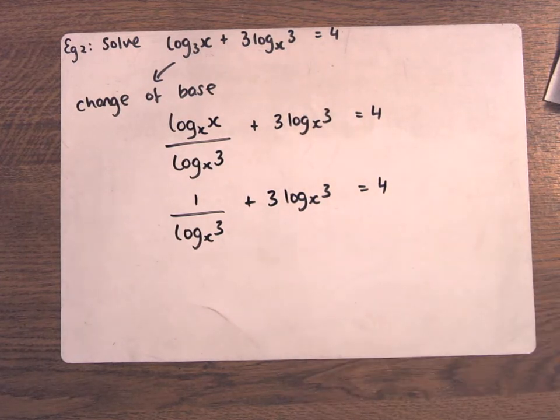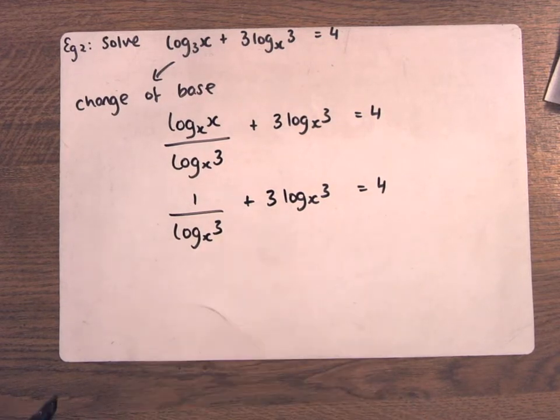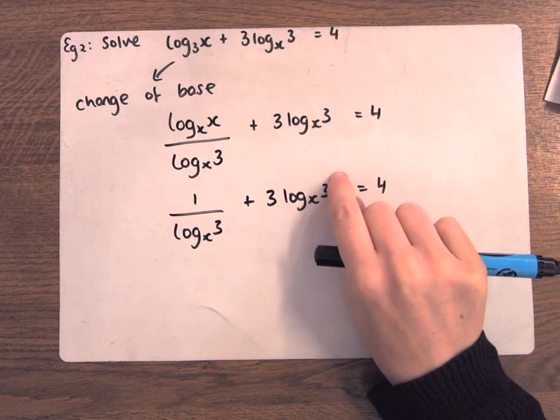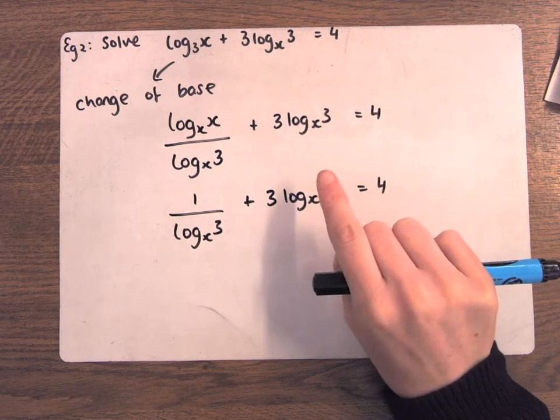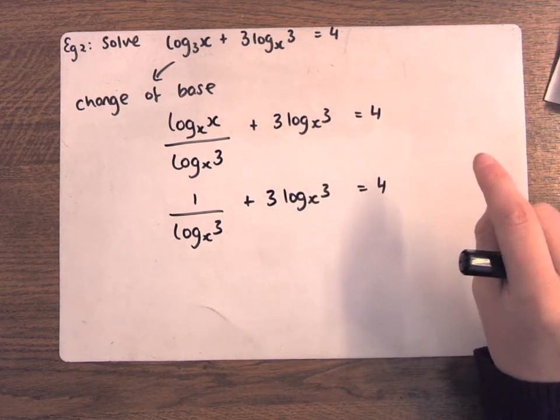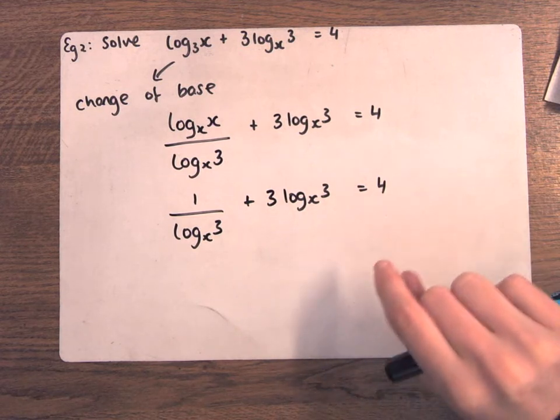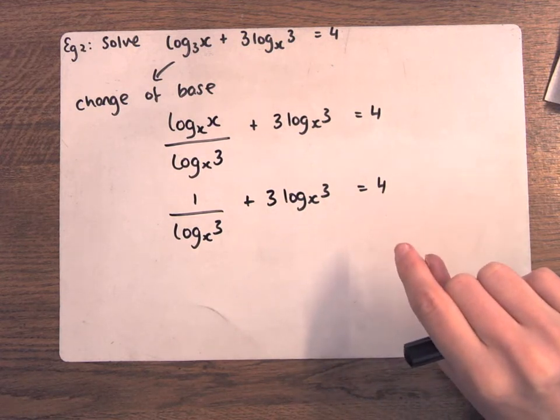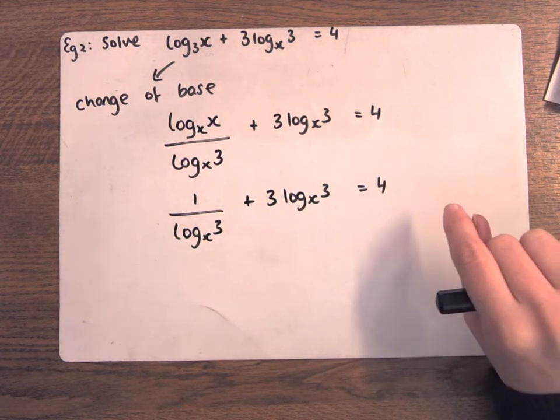Looking at that, what's it look like? Well, it's hard to see what it looks like because there's something underneath. The problem with this is, how did I solve the last one? Quadratics. How do I make this a quadratic?